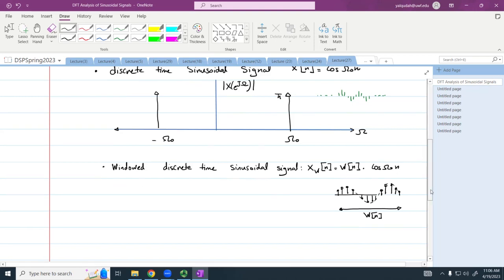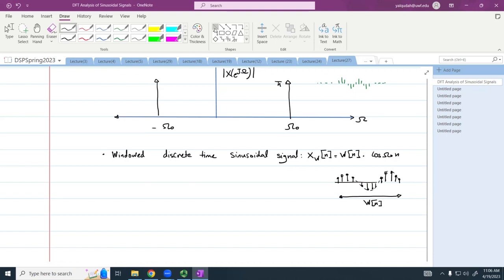What does the discrete time Fourier transform of this signal look like? Anybody want to guess? If this window is a rectangular pulse, and I multiply the window with the sinusoidal signal, in the frequency domain it's going to be the convolution of the two. So therefore, the spectrum is going to look something like this.